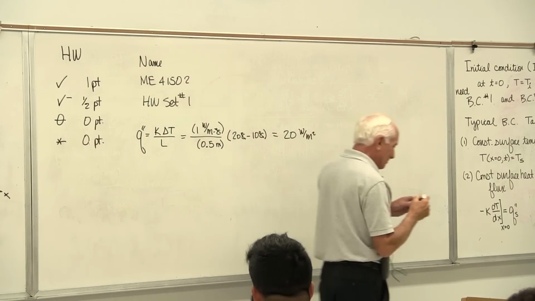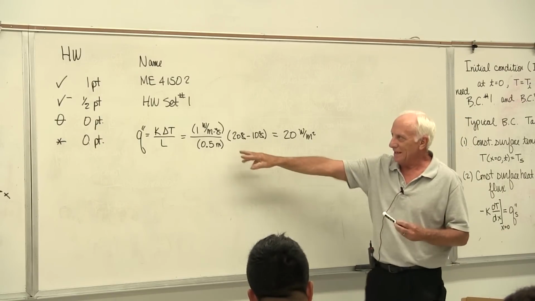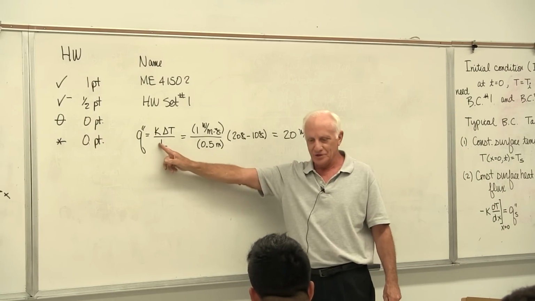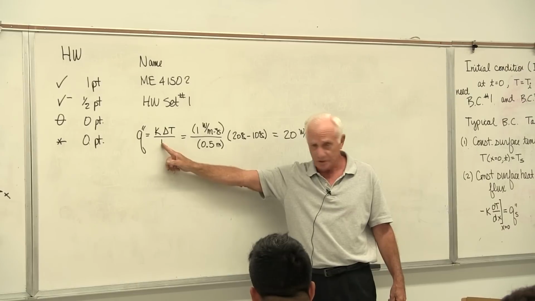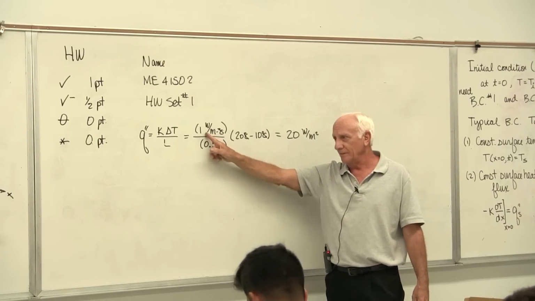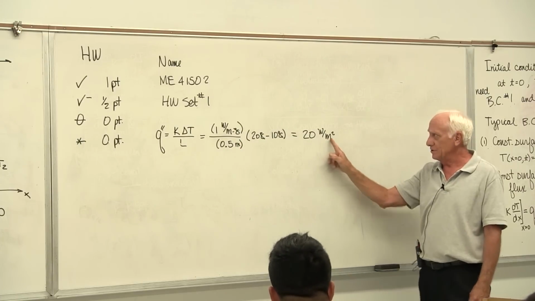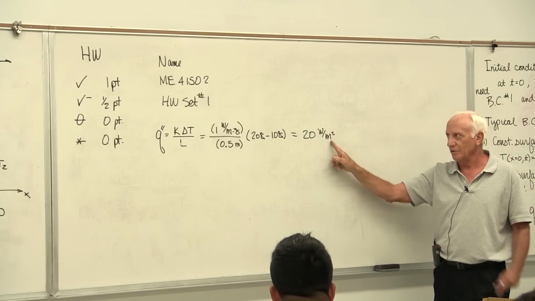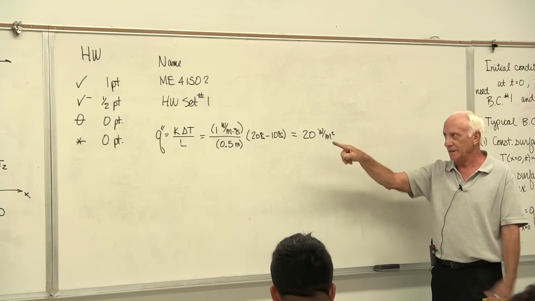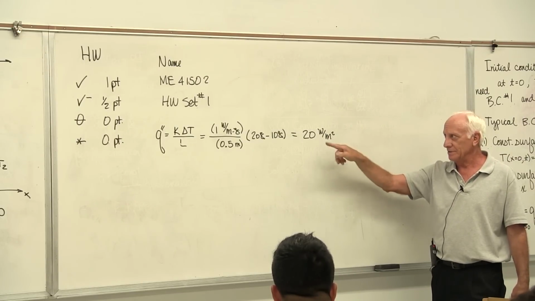So when I look at the problem, I'll see, did you put down the version with just symbols, the symbolic version? Did you put the numerical values in? Did you put the units in? And did you get the right units when you were done? Those 3 things: symbolic equation, the numbers, the units, and the answer.